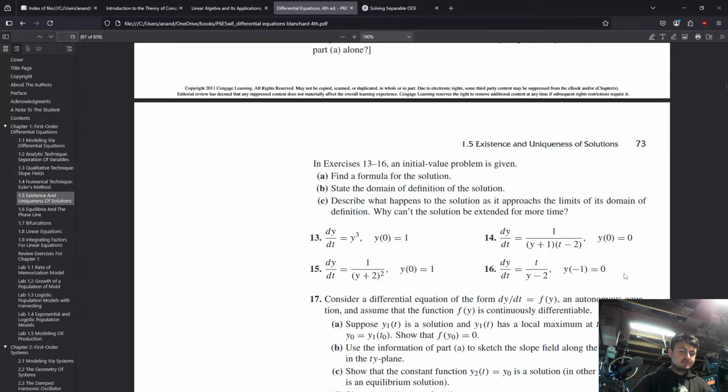Dude, I'm so messed up. Okay, y plus 2 squared. I mean, when the completing the square came out, I was like, oh, God.